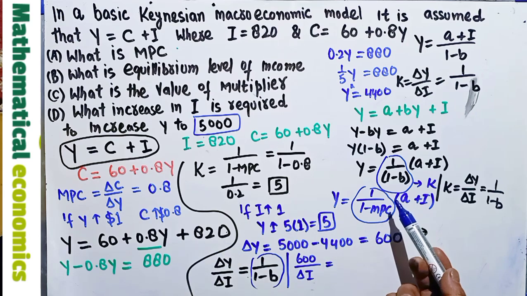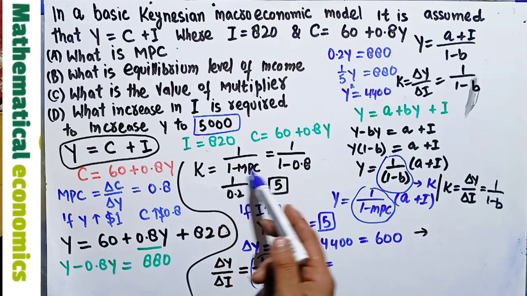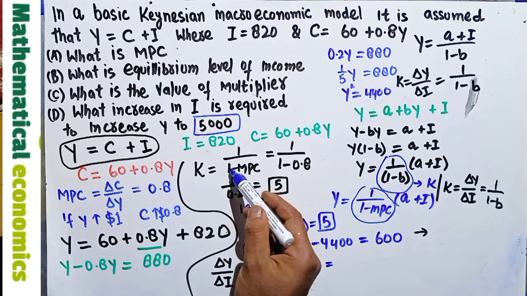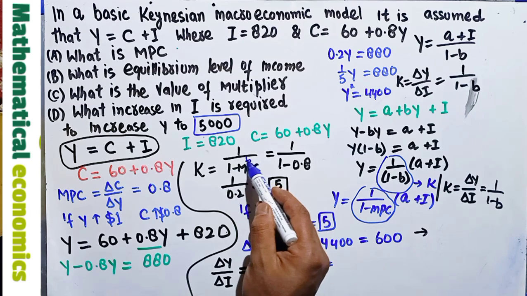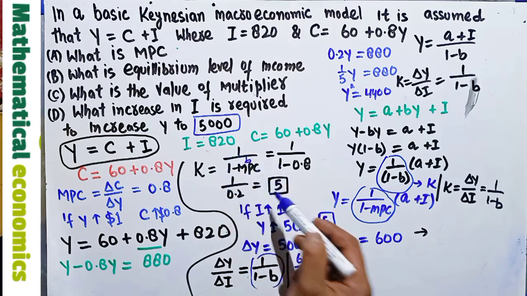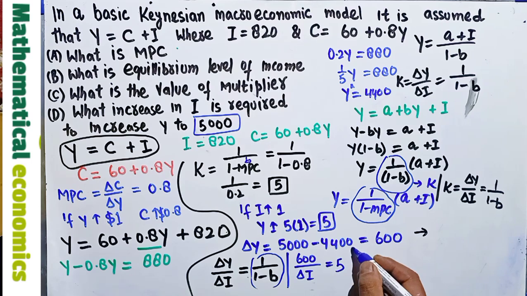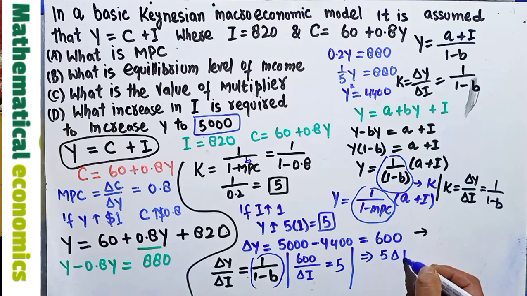This MPC is our b, so when we solved this we got 5. Which implies 5 times del I will be equal to 600. Dividing both sides by 5, change in investment will be equal to 600 upon 5.